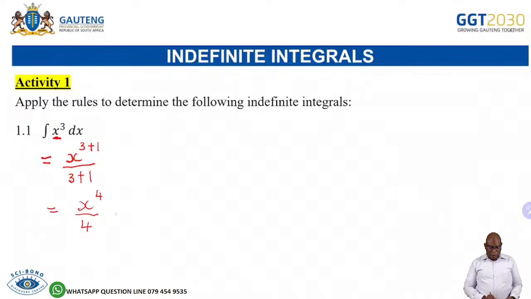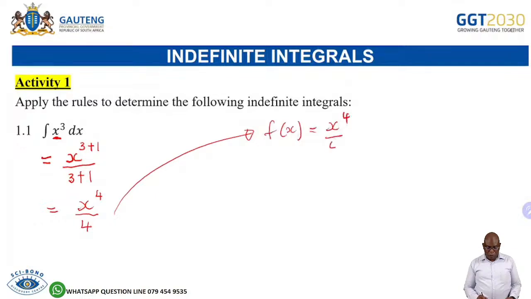If I want to take this one back, let's say f of x equals x to the power of 4 all over 4. If I want to take it back, differentiate it, then what am I going to have? 4 multiplied by this. Remember, when we differentiate, we multiply by that. So I'm going to have 4x, subtract 1 there, we're going to have a 3, then all over 4. That 4 falls off, and then we have x to the power of 3.